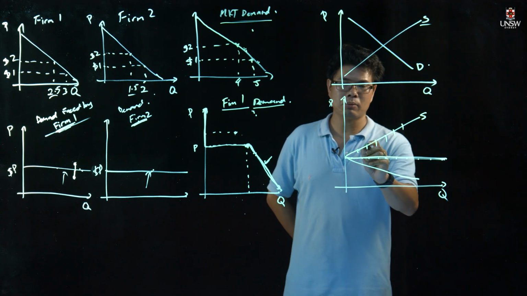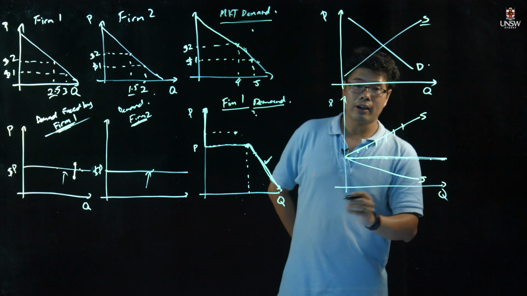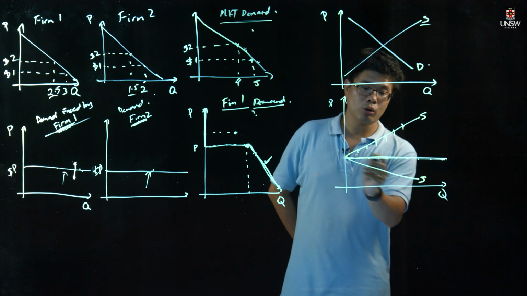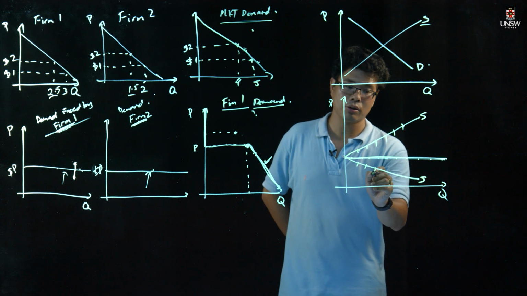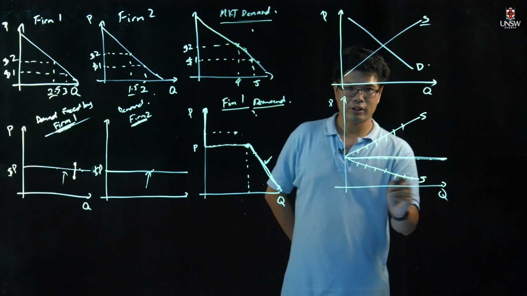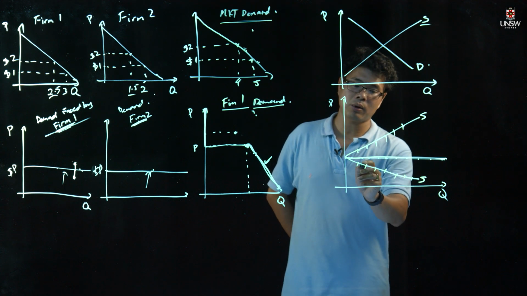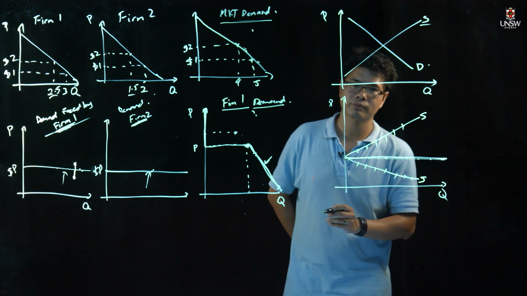So the minimum of the ATC is actually increasing. It is also possible for the long run supply curve to be downward sloping, because the minimum of the average total cost curve is actually decreasing the more you supply.